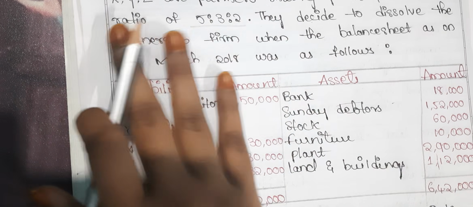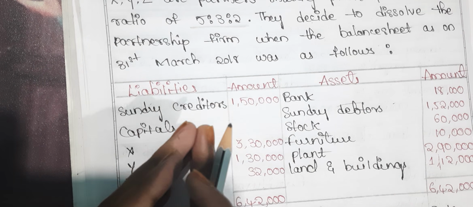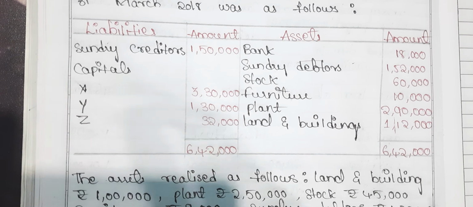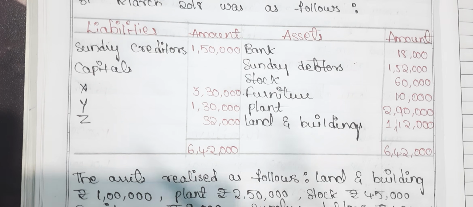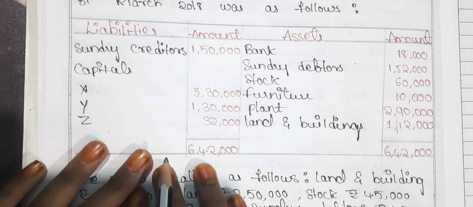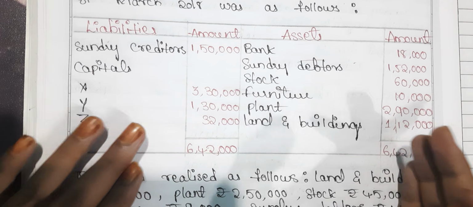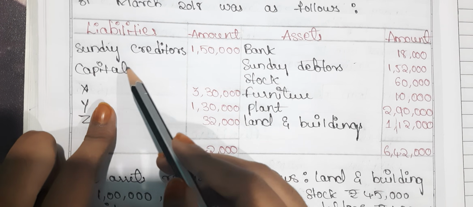So if they want to close their business, definitely they need to sell all their assets, whatever are present in their company. After selling, the amount which they have received, they need to use to give to the creditors.